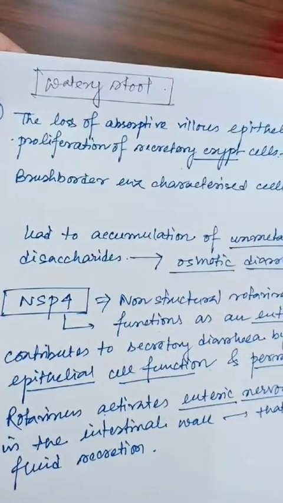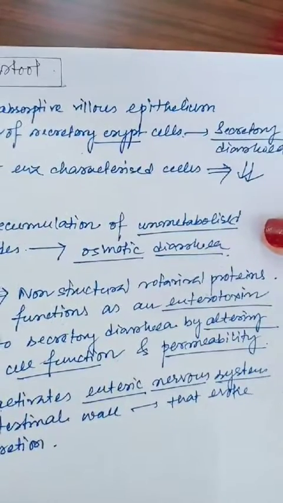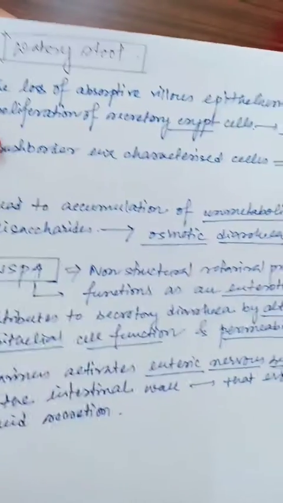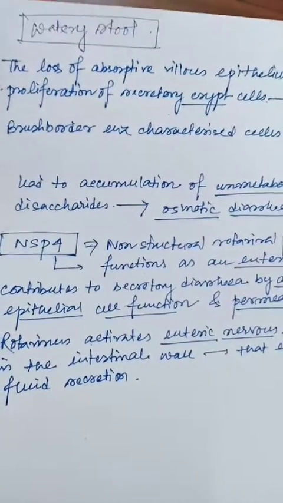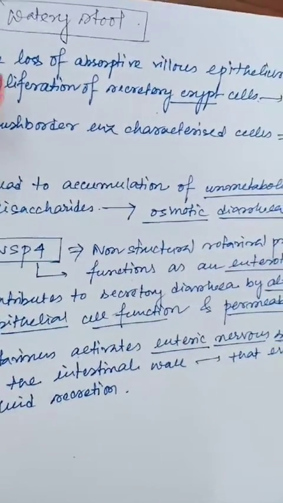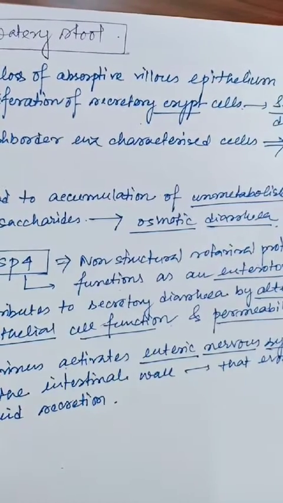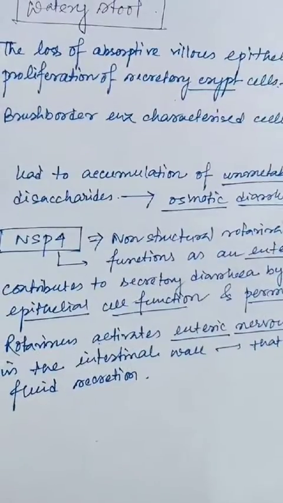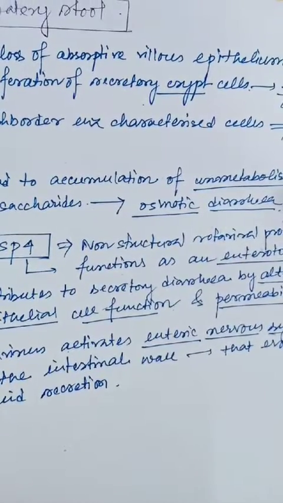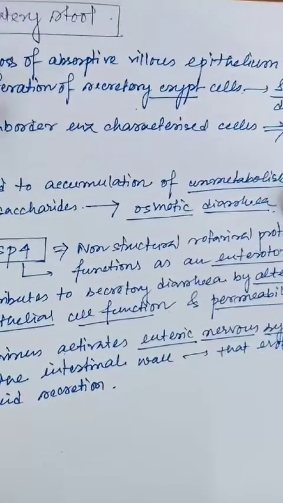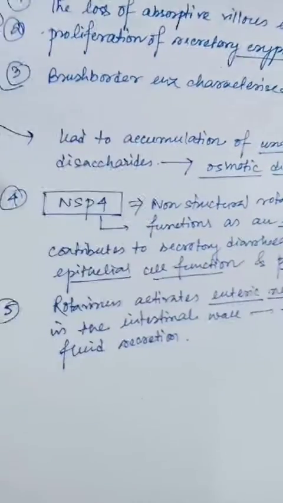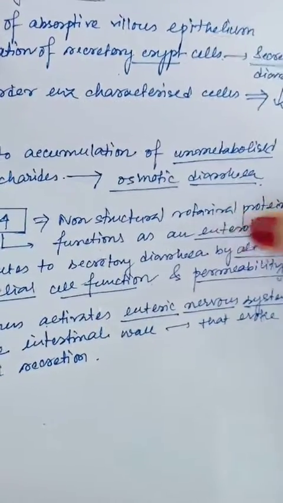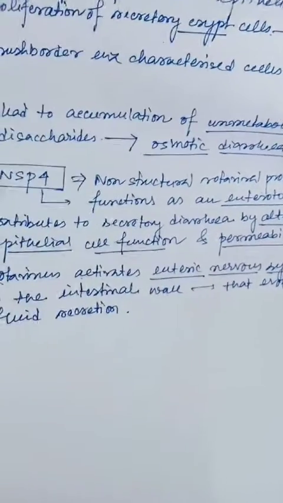Then brush border enzyme characterized cells are reduced. That means the disaccharides which the patient ingests are unmetabolized, so lead to accumulation of unmetabolized disaccharide. We all know that they will draw water, ultimately osmotic diarrhea is there. And number 4 is NSP4, the non-structural rotaviral protein.